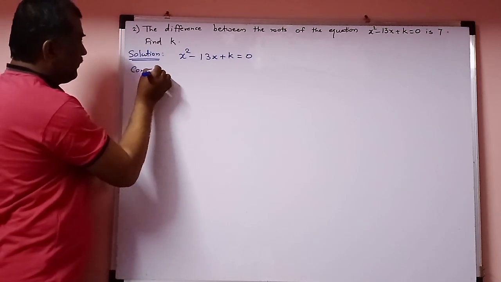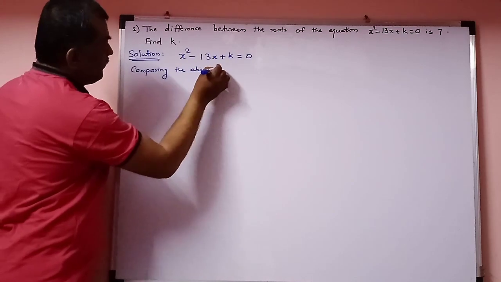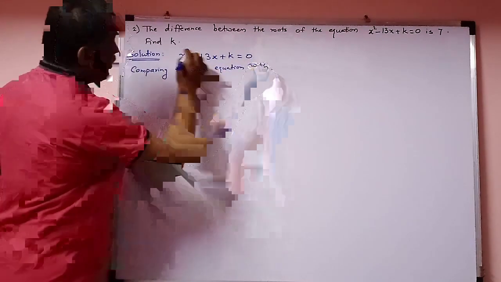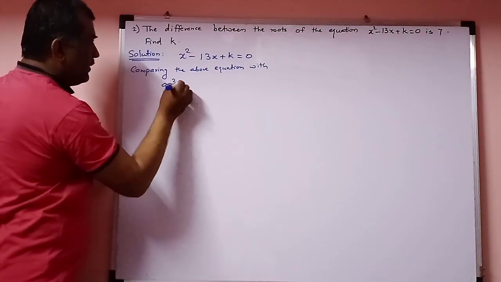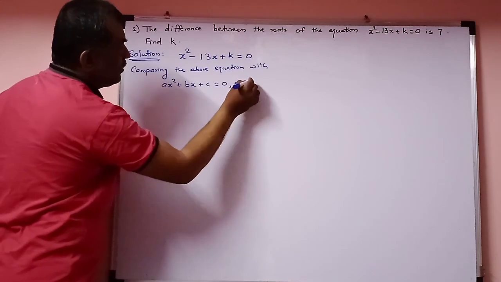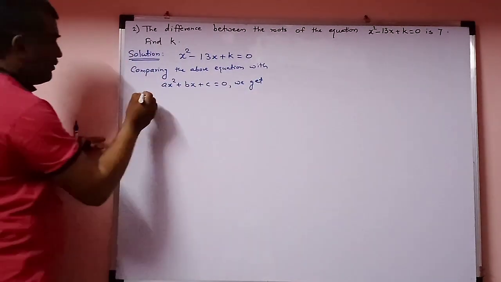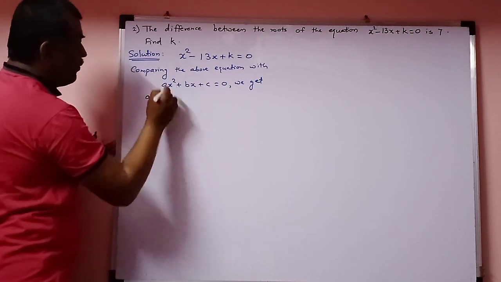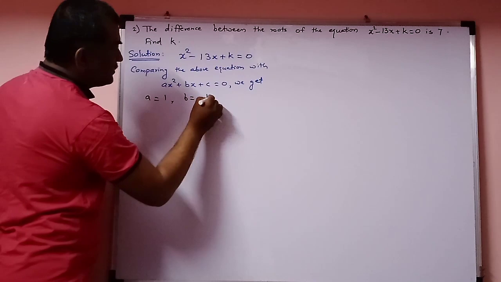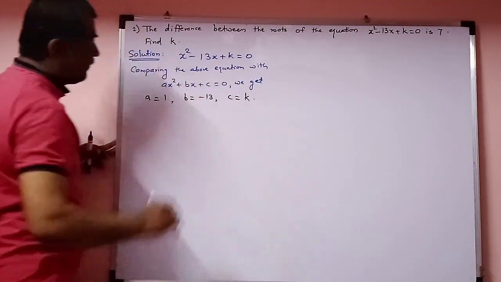Comparing the above equation with ax square plus bx plus c is equal to 0, we get value of a is equal to 1, b is equal to minus 13 and c is equal to k.